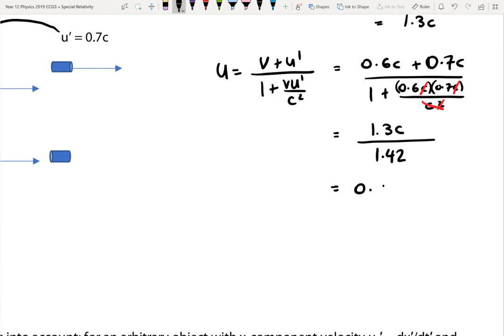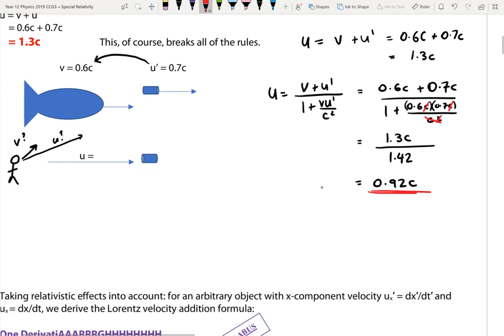We get 0.92c. So that is what this person would see the missile traveling at. Again, we cannot ever see an object traveling faster than the speed of light. And gentlemen, I hope you are writing nice things.